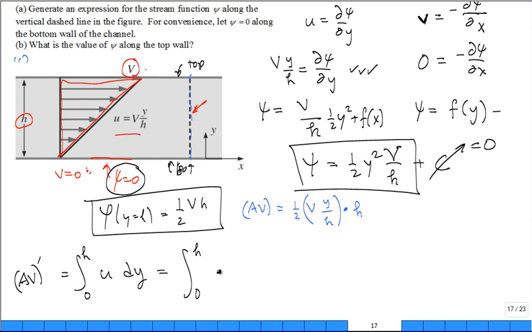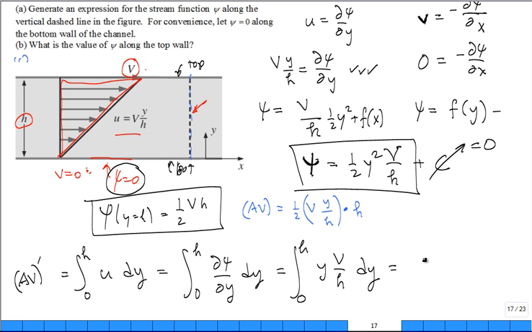U is the derivative of psi with respect to y, dy. Okay, well, what is the derivative of psi with respect to y? Here's your stream function right here. Is it equal to y V over h dy from 0 to h? So now we do that integral.